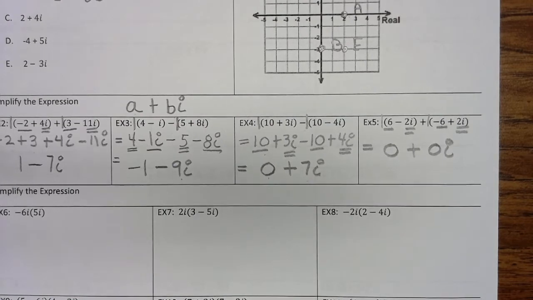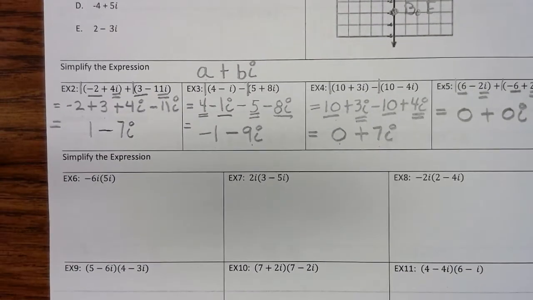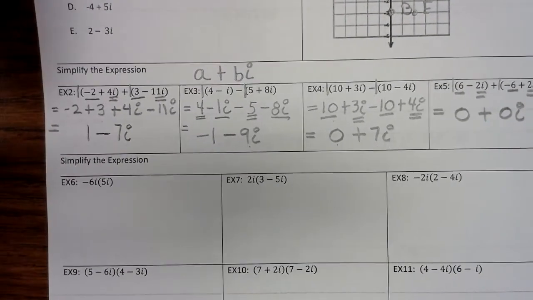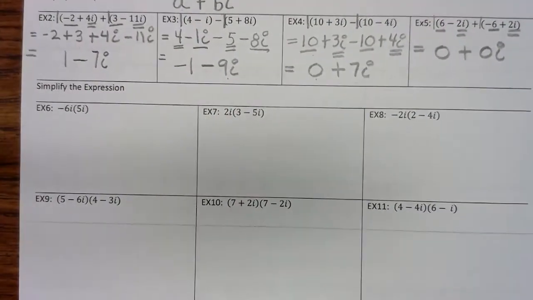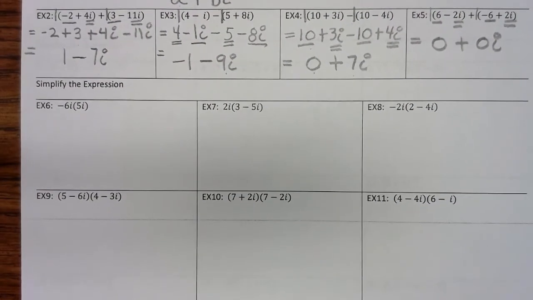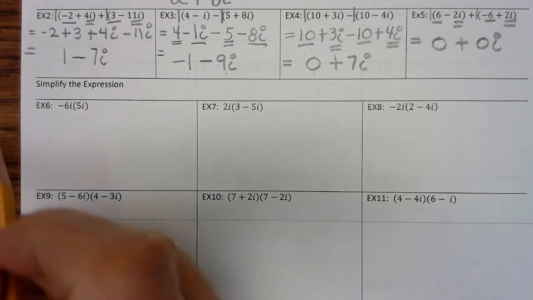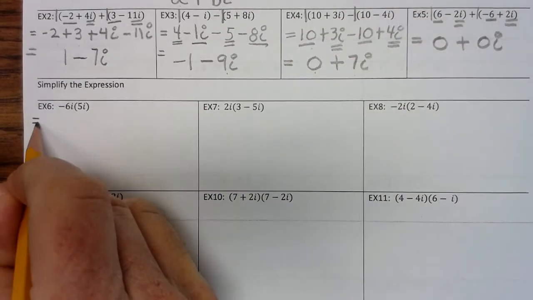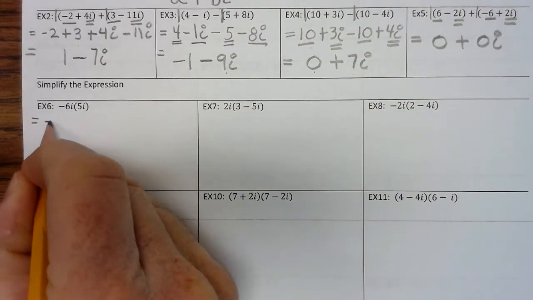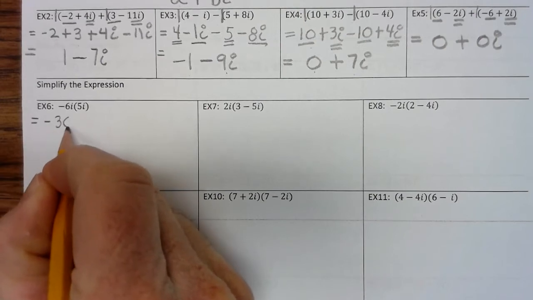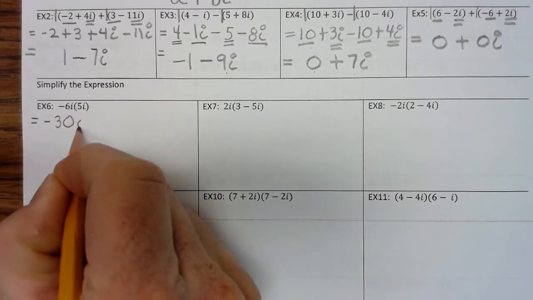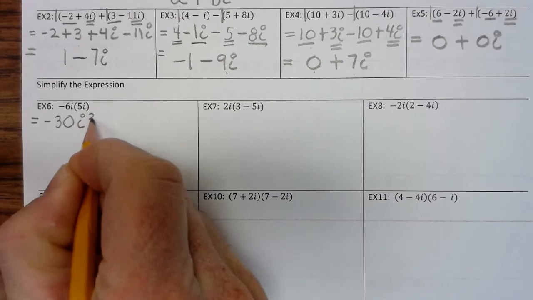All right, so now let's take a look at example 6. All right, simplify the expression. Parentheses mean multiplication, so we're going to multiply. So -6 times 5 is -30. I times I is I squared.